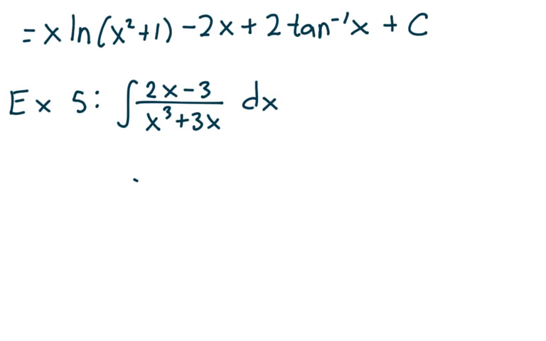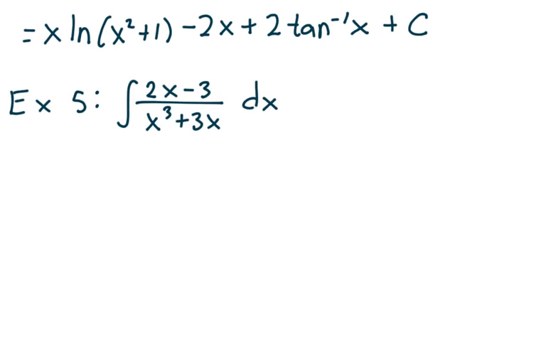So we're going to have to do a little bit of partial fraction decomposition here. U substitution doesn't make sense. It's not a power of sine and cosine. Trigonometric substitution doesn't make sense here. Well, you could make it work, but it's difficult.